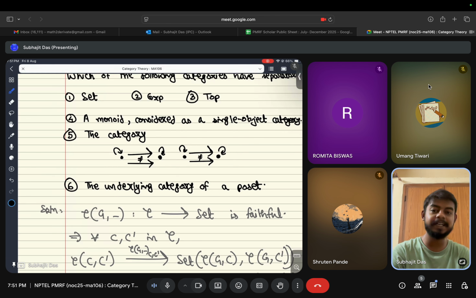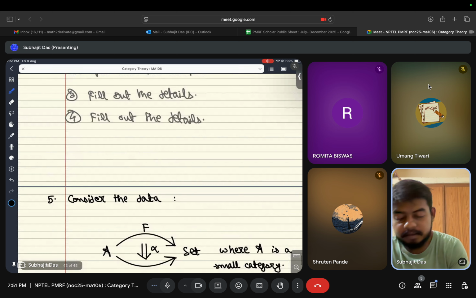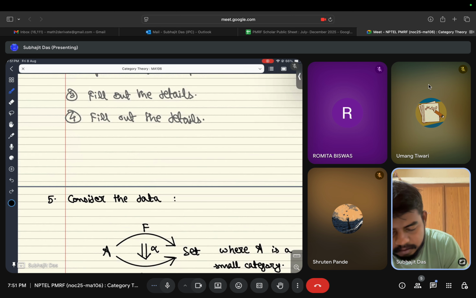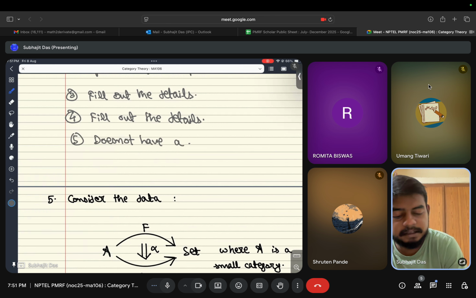So this category should not have a separator. So five does not have a separator. Fill out the details.